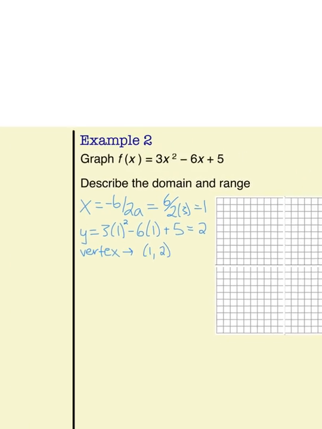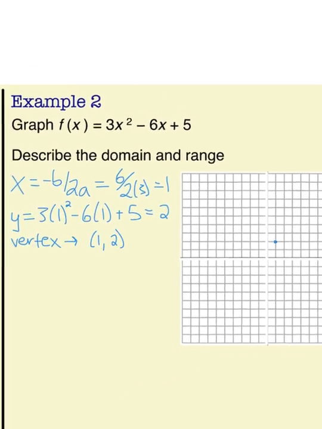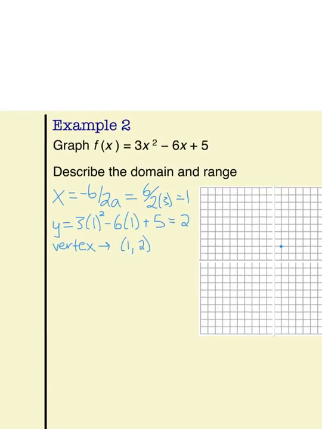Alright, so I'm going to graph that point at 1, 2. There's my vertex. Now, just by looking at the equation, I can also find another point on the parabola.